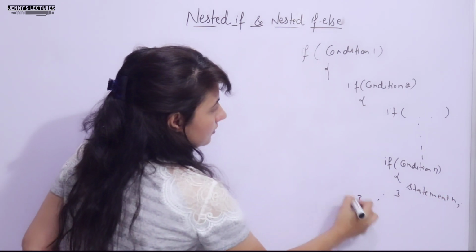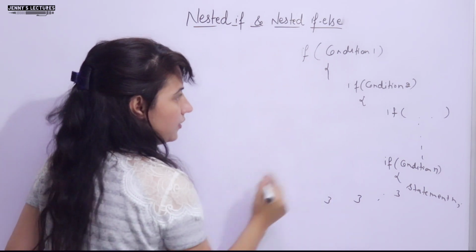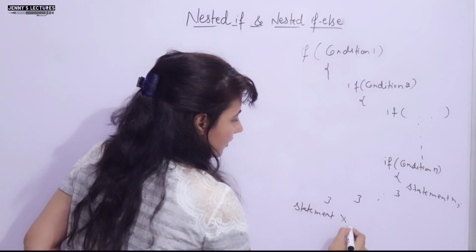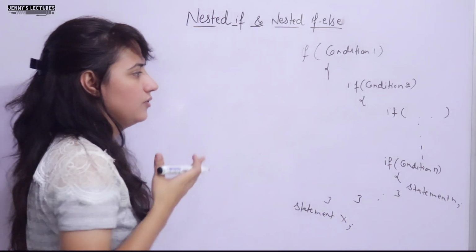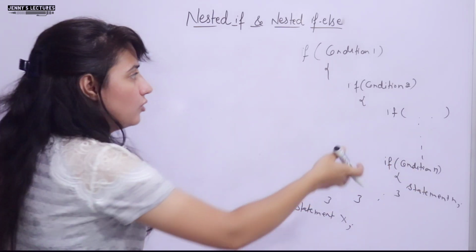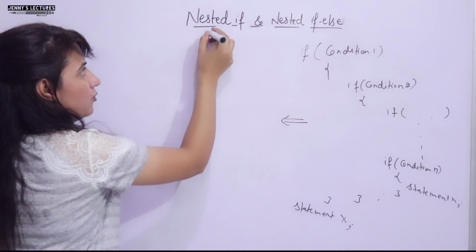And closing of all the ifs, and after this if block I am just writing a statement x. So this is nesting of if only. Up to n levels you can nest. So how can you map this with the help of a flow chart?